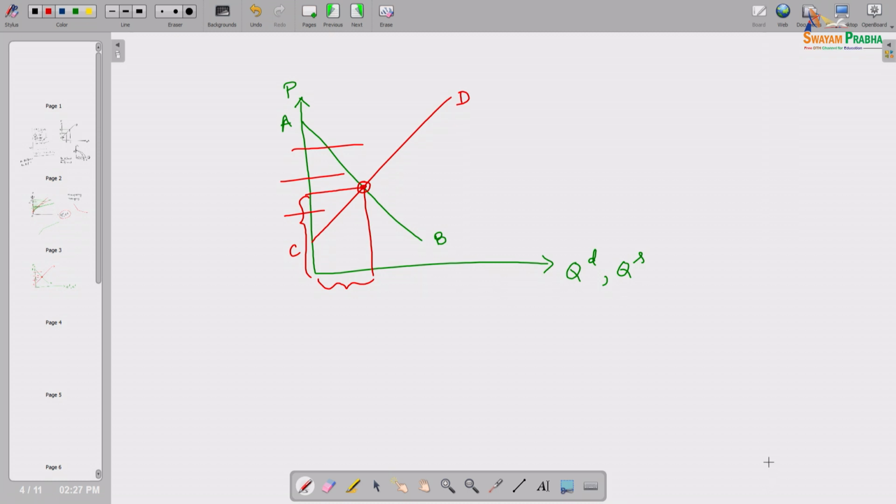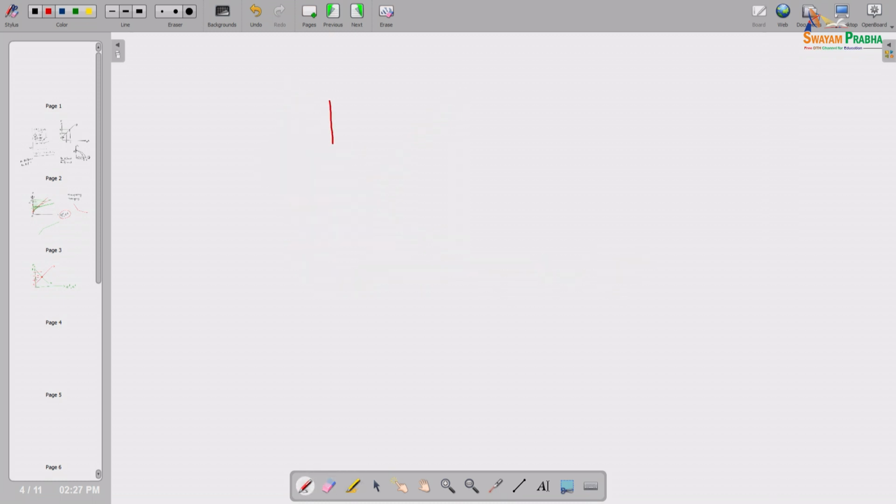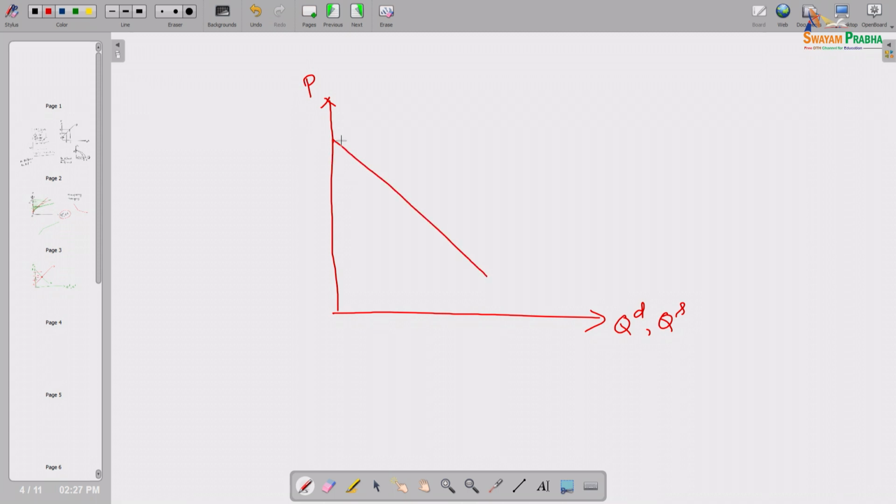Suppose, let me draw the diagram afresh. Suppose AB is the demand curve, CD is the supply curve, and as we said, this is the equilibrium price.